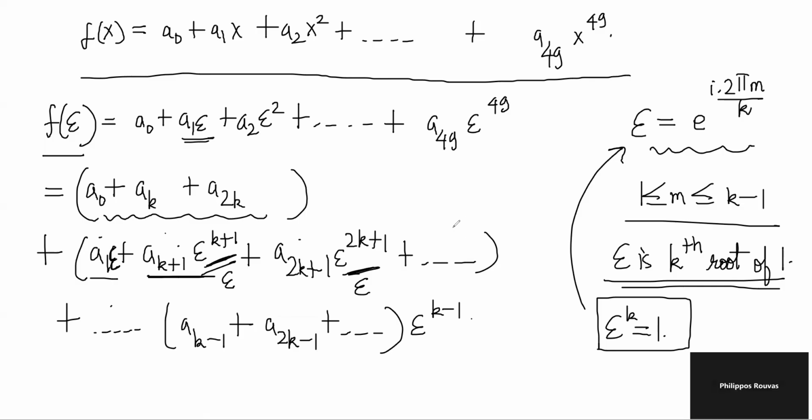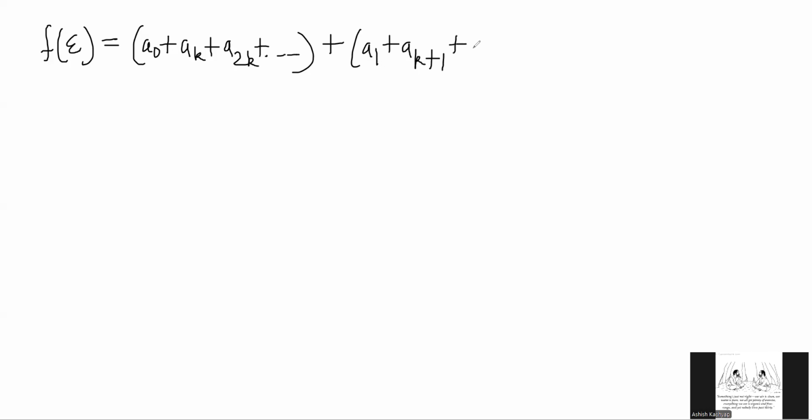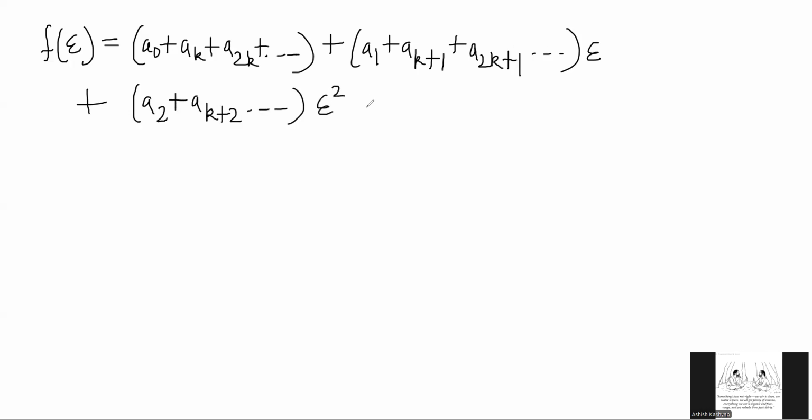So what I will get is something like this. F of epsilon is equal to a0 plus ak plus a2k, and so on, plus a1 plus ak plus 1 plus a2k plus 1, all of which is multiplied by epsilon, plus a2 plus ak plus 2, and so on, epsilon square.